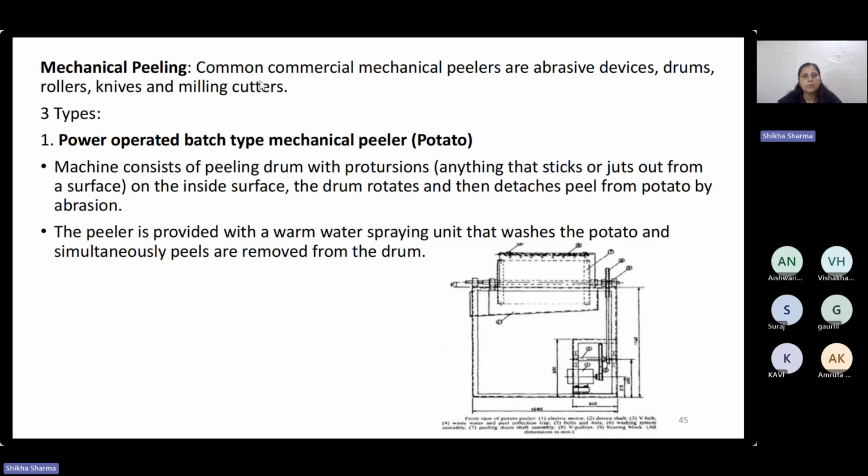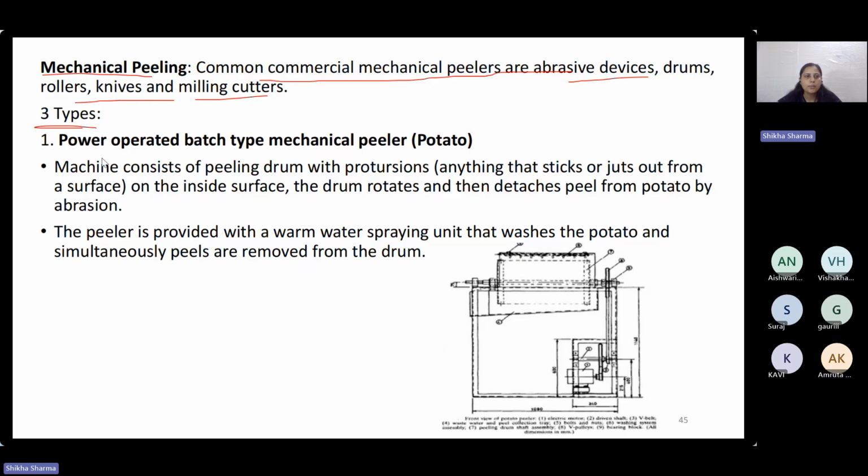So in mechanical peeling, commercial mechanical peelers are abrasive devices, and the drums, rollers, knives, and milling cutters come into mechanical peeling. We have three types in this.